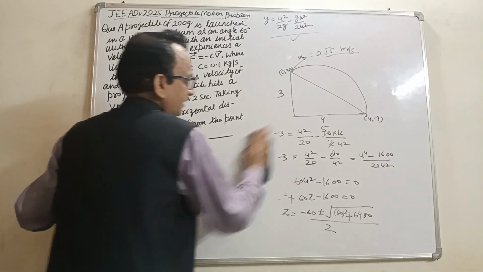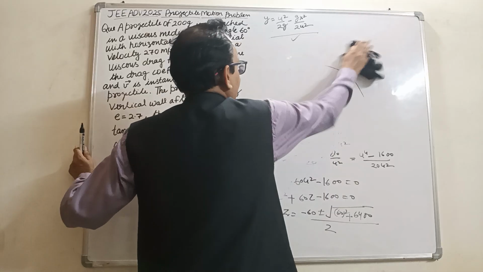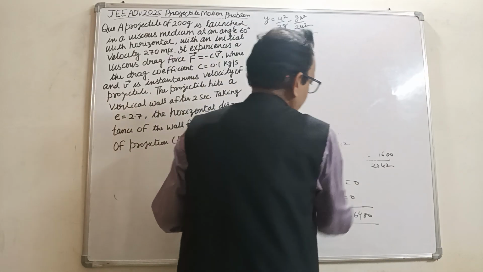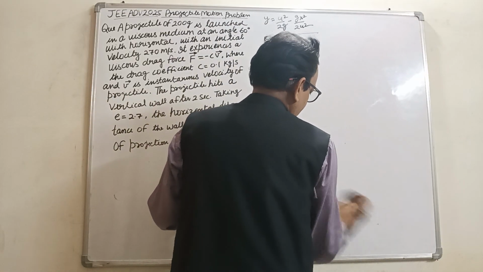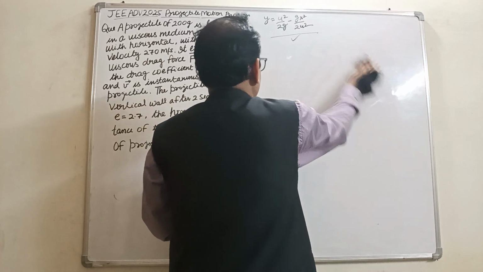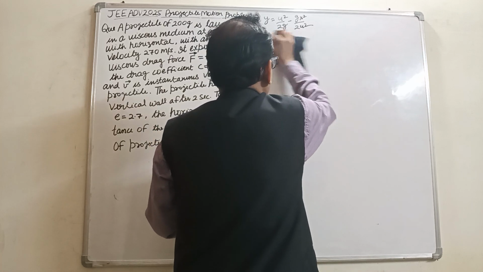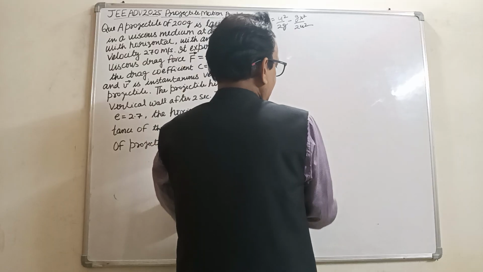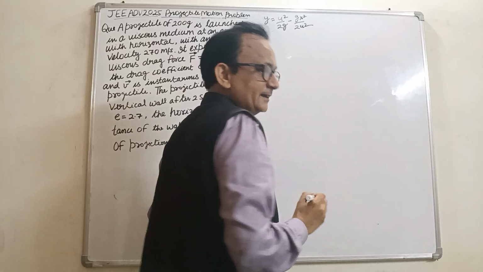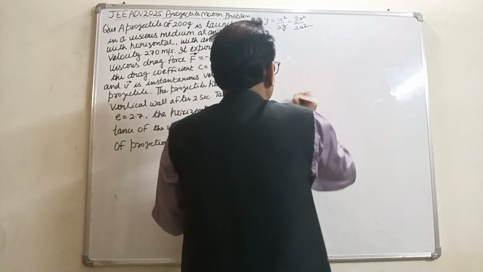Suppose if a plane is flying from a particular height, so this particular height should be less than the maximum height, that is u square by 2g.